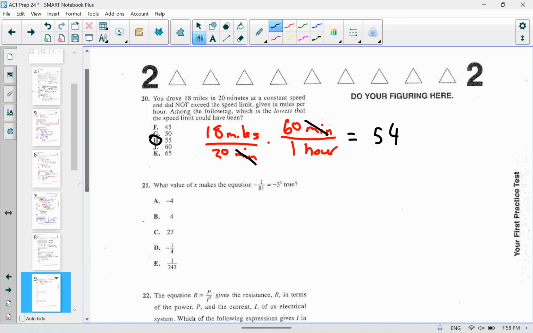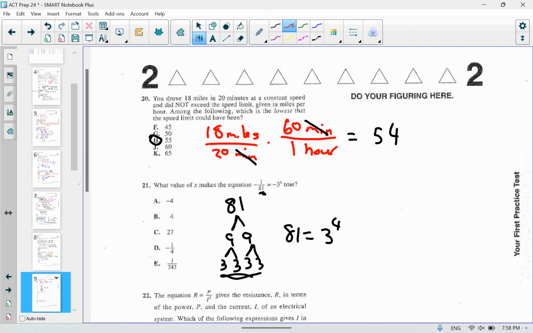Here we get an interesting thing. Well, let's look at this idea of 81. If I were to break down 81, we all can understand that's 9 times 9. Each of these 9s is really 3 times 3. So here, 81 is the exact same thing as 3 to the 4th.